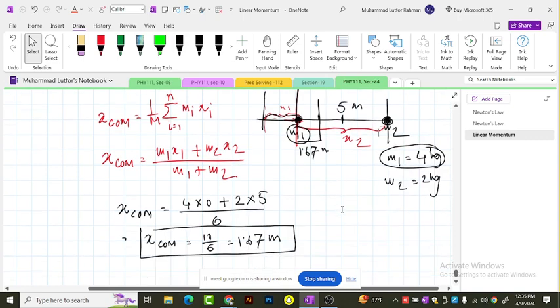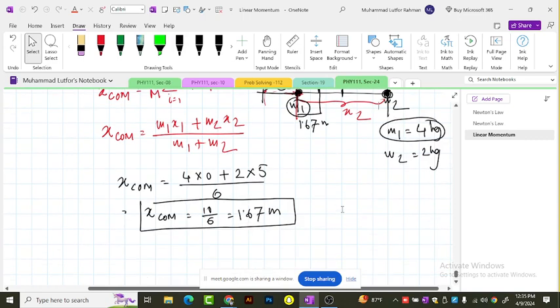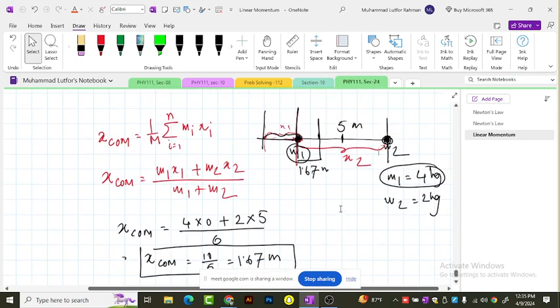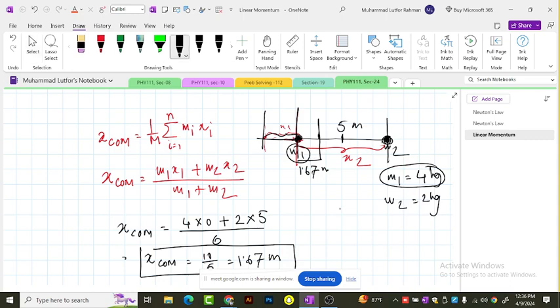So although you will find a different calculation, the center of mass will remain the same. Remember, unless you change the mass distribution or the location of the mass, the center of mass will remain the same. Whatever origin you choose, it doesn't affect it. Whether I choose the origin at that point or that point, the center of mass will be exactly the same point.